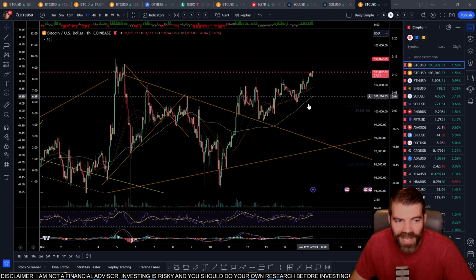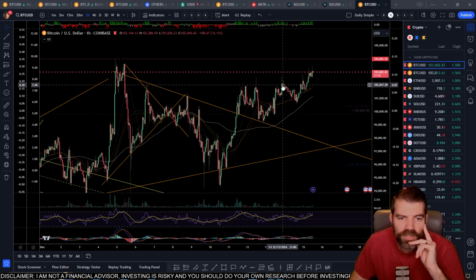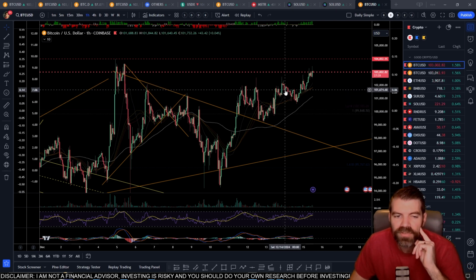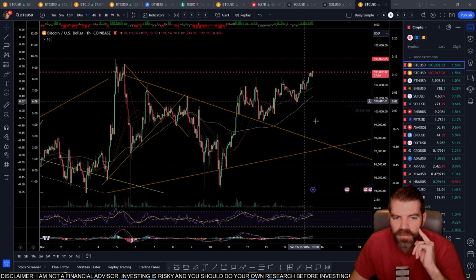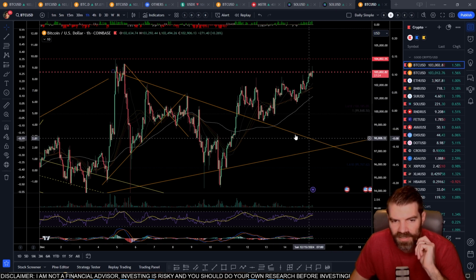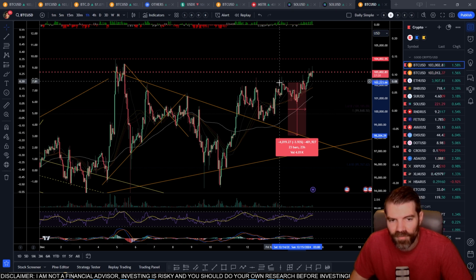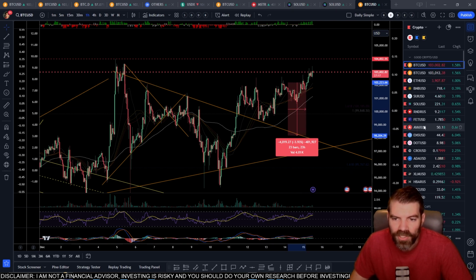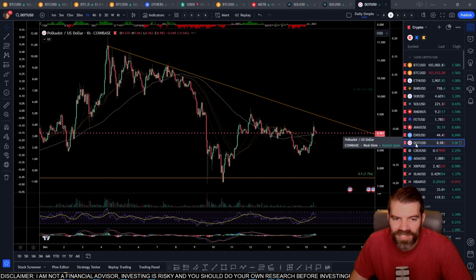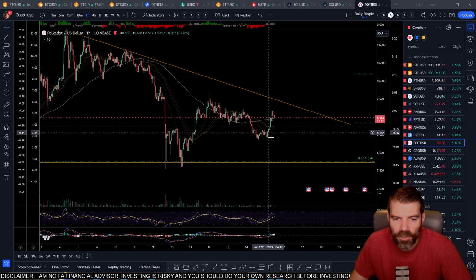You can see a lot is up. When we took this other dump right here, I actually closed some of my leverage positions because I was worried we were going to pull back and retest this line right here. If Bitcoin drops about 4%, you'll see alts drop a lot. So unfortunately, I closed some of my leverage positions, and then these positions are back up. I did reopen some of them.